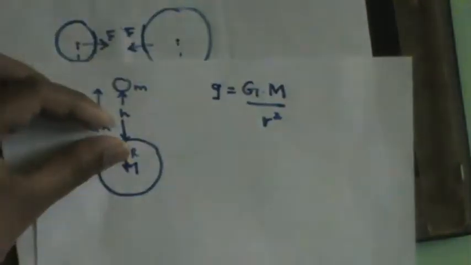What we found earlier was that if the distance between the two objects is simply r, then g is equal to the universal gravitational constant G times the mass of the large object divided by the square of the distance between the two objects.